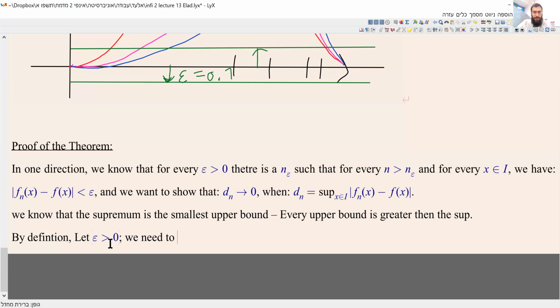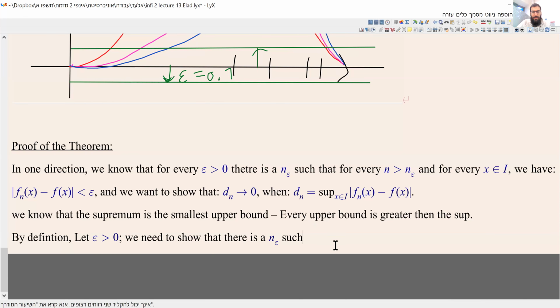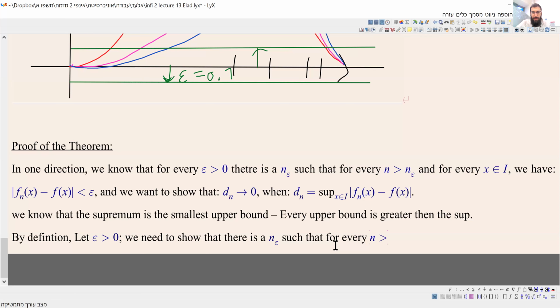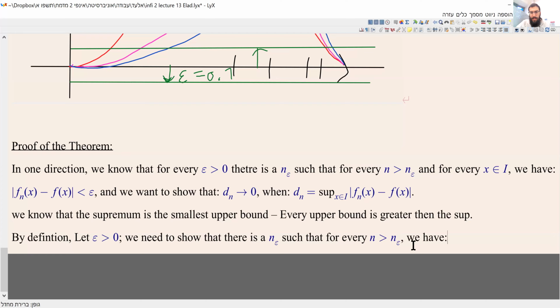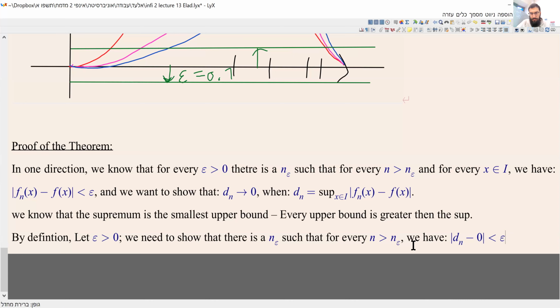We need to show that there is some n epsilon such that for every n greater than n epsilon, we have dn minus 0 smaller than epsilon. This is the definition of the limit.